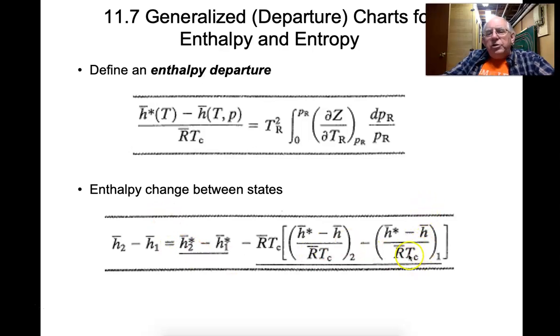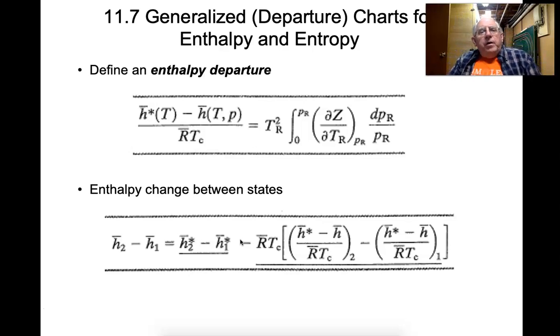But then we go to the real charts, and we are able to determine the departure on enthalpy based on the incoming and the outgoing condition. We take the difference, we multiply it by RTc to get it into the appropriate units of enthalpy, and we then subtract that change from the ideal gas value.